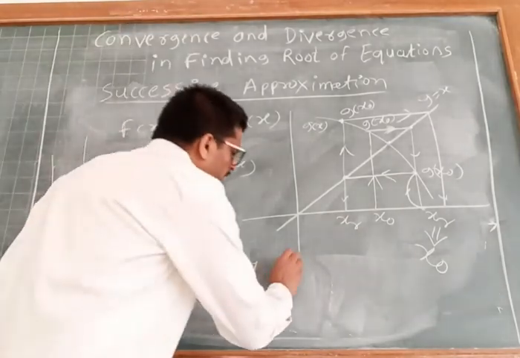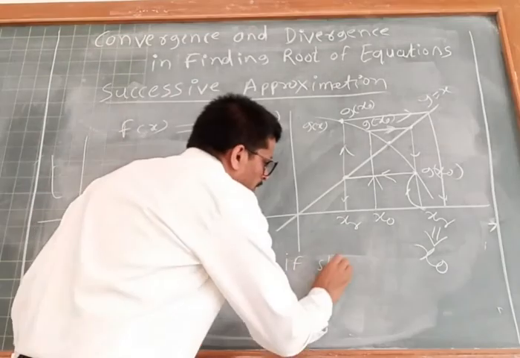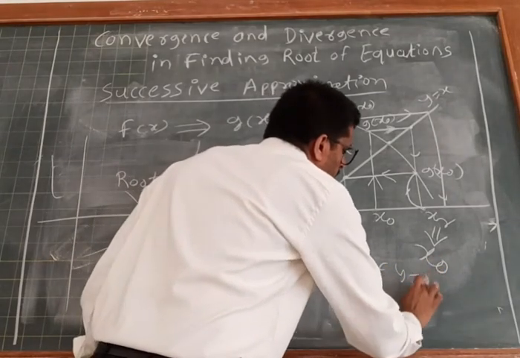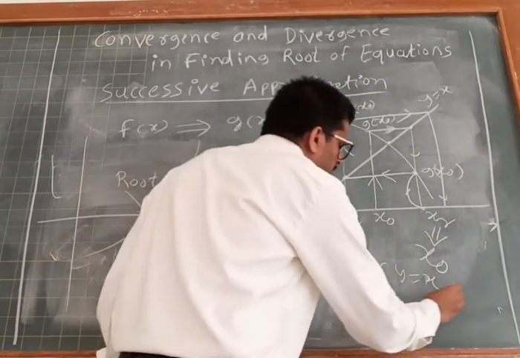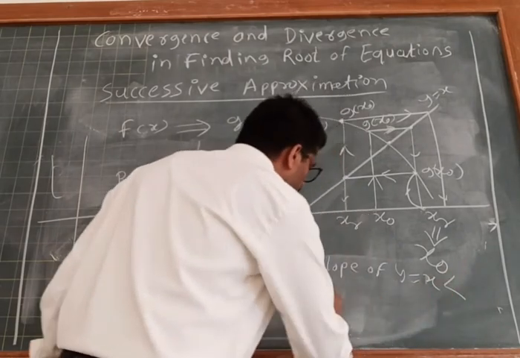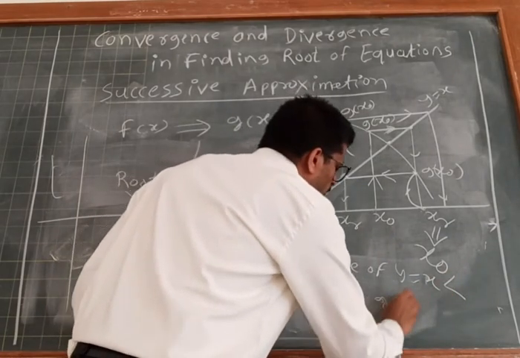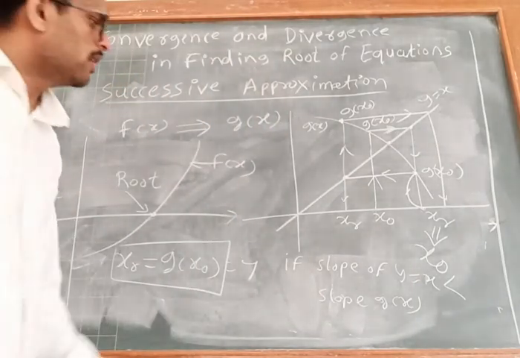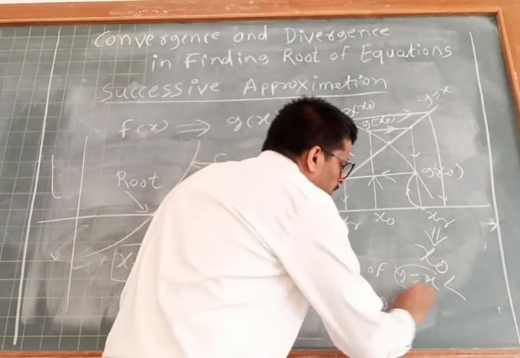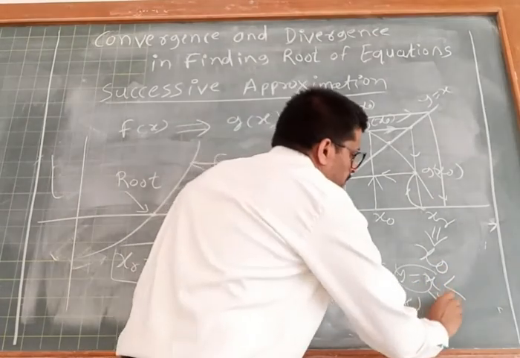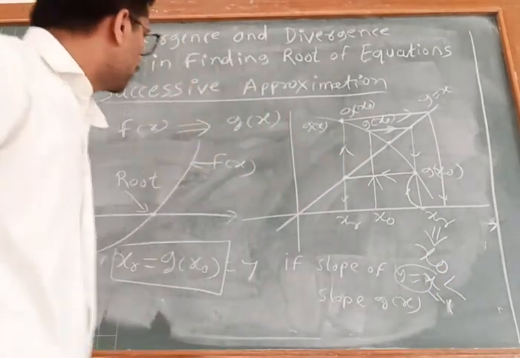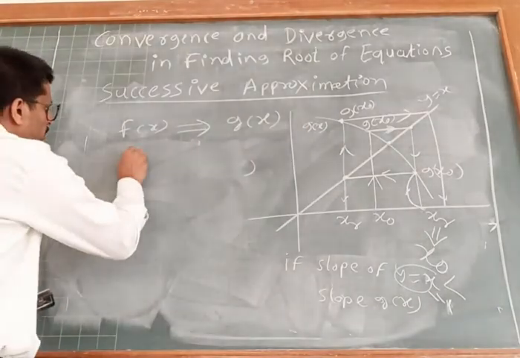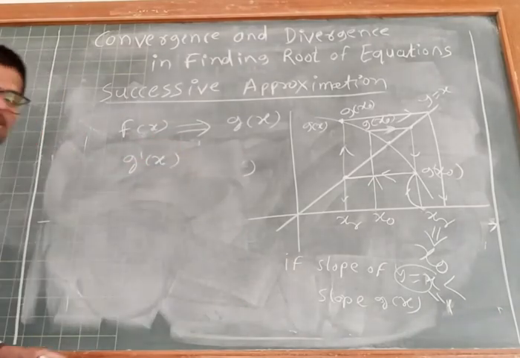Okay. So if the slope of y is equal to x is less than the slope of g of x, then it is divergence. And the slope of y is equal to x is 1. So remember, slope means derivative.